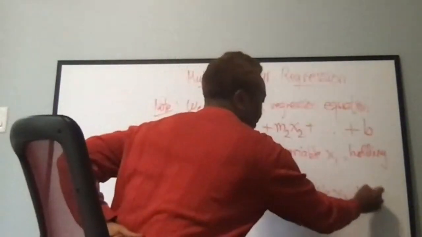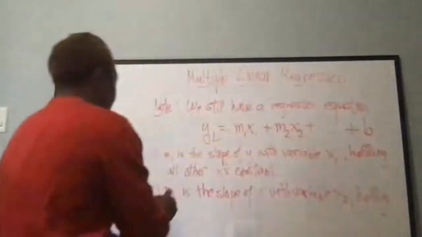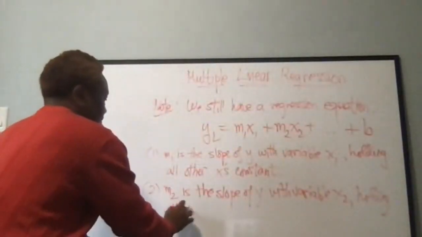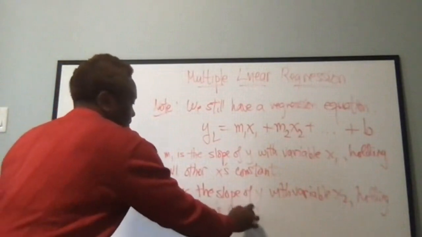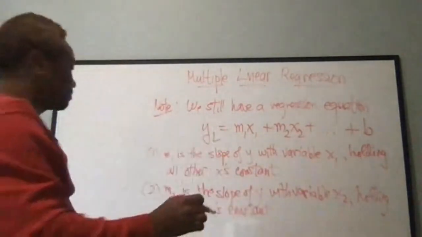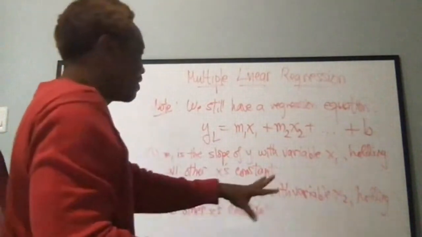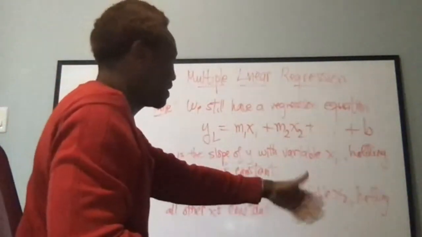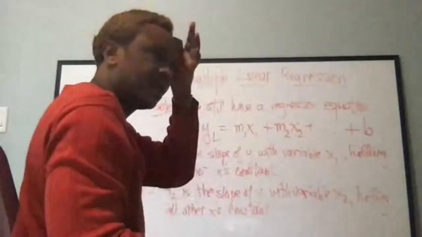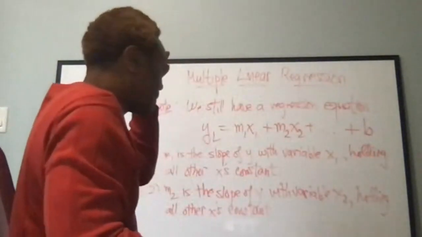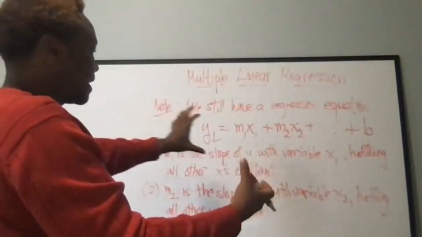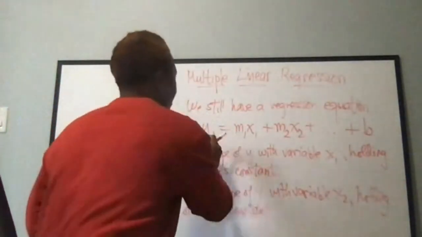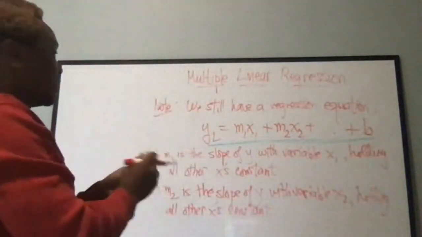Okay, holding all other x's constant. All right. So don't worry if you don't really understand yet when it says holding all other x's constant. It'll make sense when we do a problem. But I think you guys are okay with just the general setup of what the regression equation looks like, right, and how it extends upon what we already know.